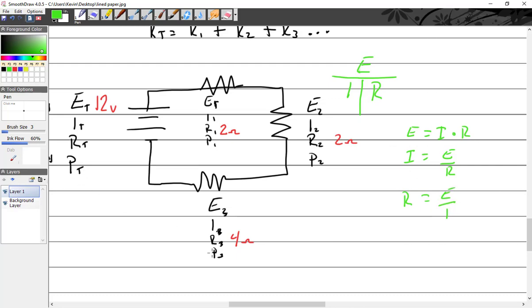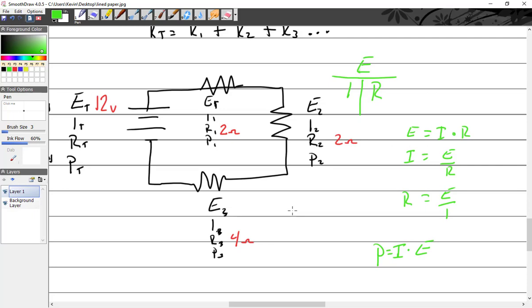Now I also have P over here, and there are many different formulas for everything, but you know I like pi. So P equals I times E. It's just pi. I don't have a picture of it for you, but in your book you have this wheel, and these are actually all of the formulas.